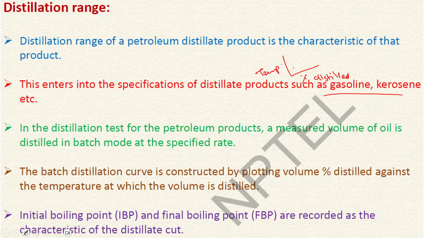Basically we get a curve like this. The initial boiling point and the final boiling point are recorded as a characteristic of the distillate cut.